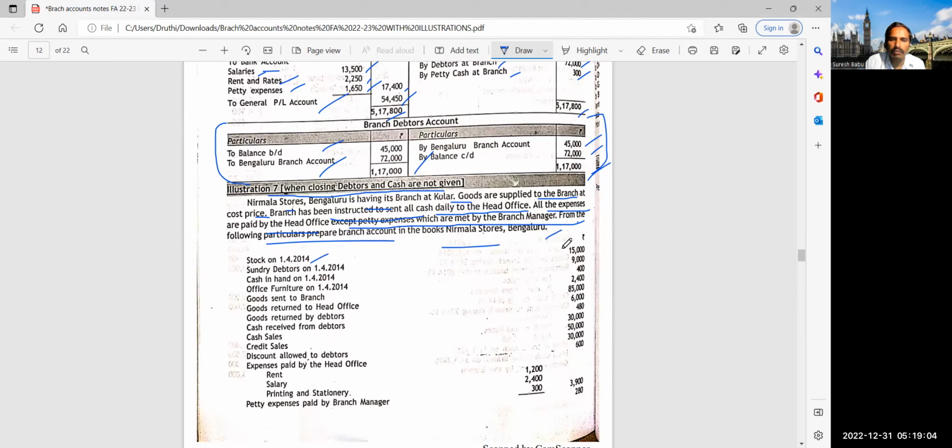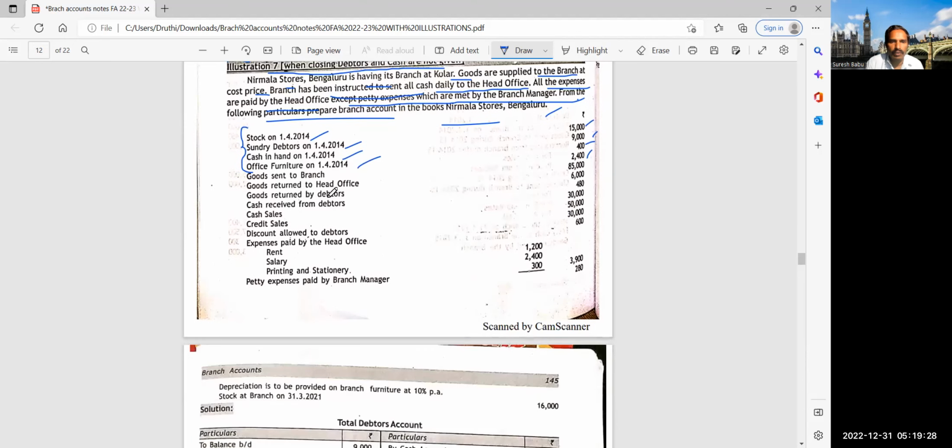Opening stock on 1/4/2014, 15,000. Sundry debtors opening 9,000. Petty cash 400. Office furniture 2,400.